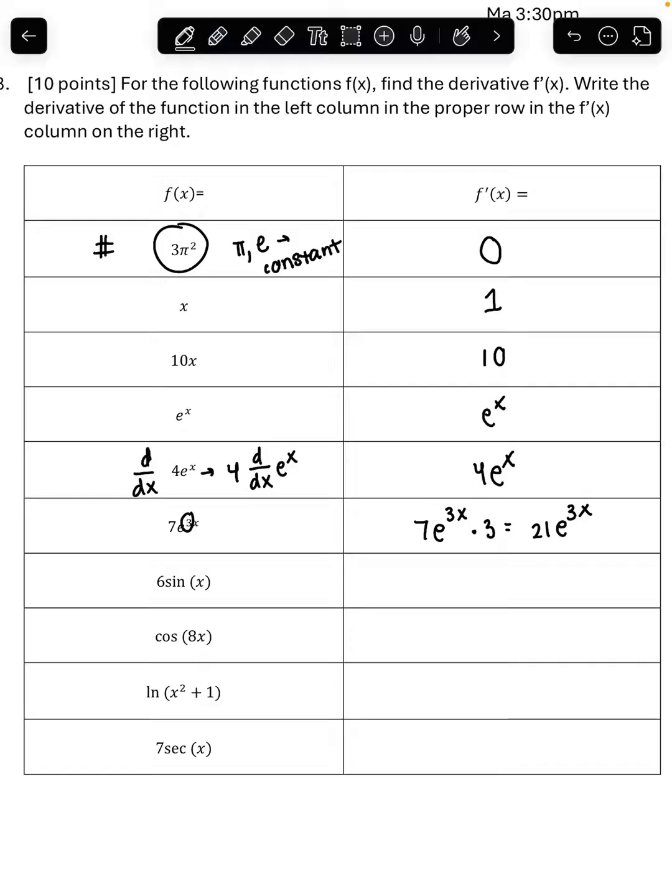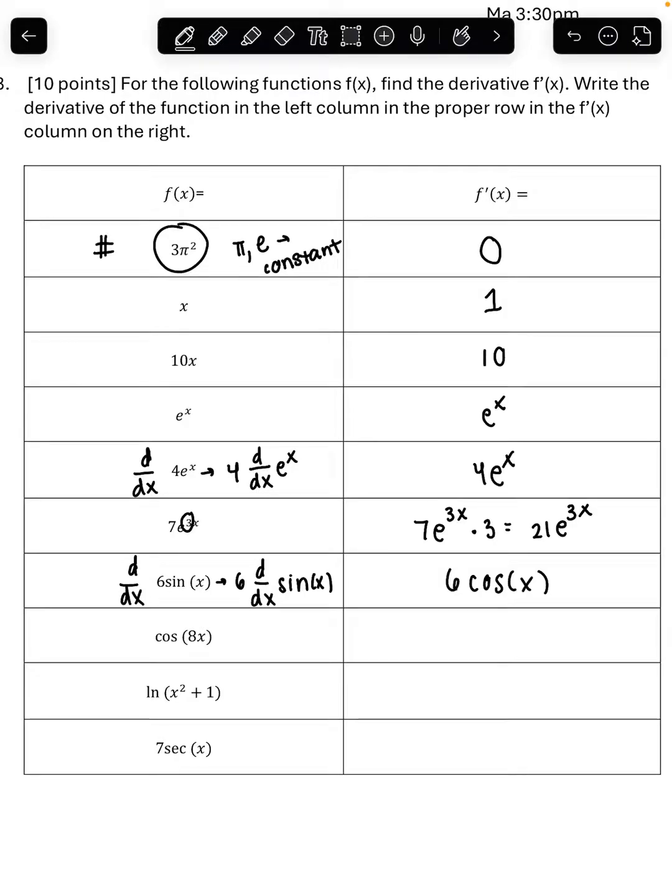All right, 6 sine x, again, because we have a constant, we can rewrite this as 6 times the derivative of sine, which we know is cosine, so we just get 6 cosine of x. This next one, we have a constant, but it's with the x.